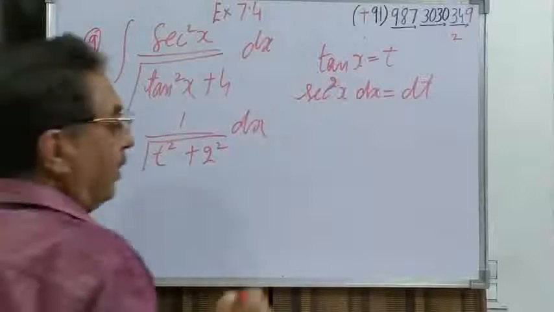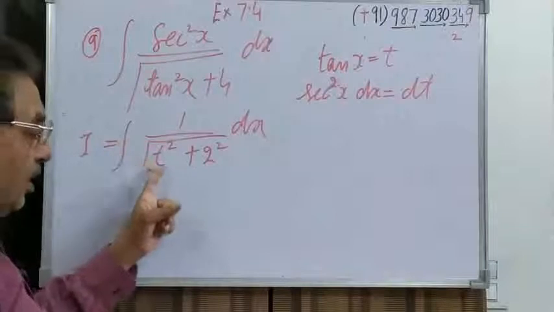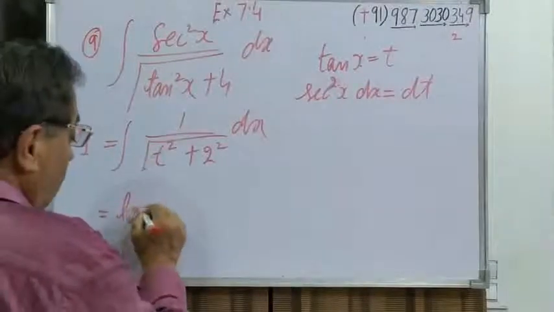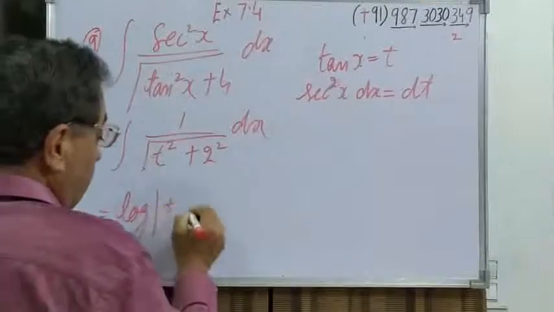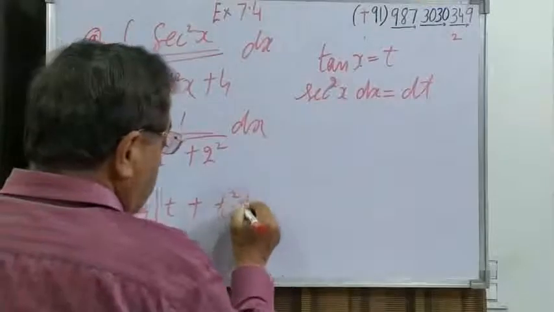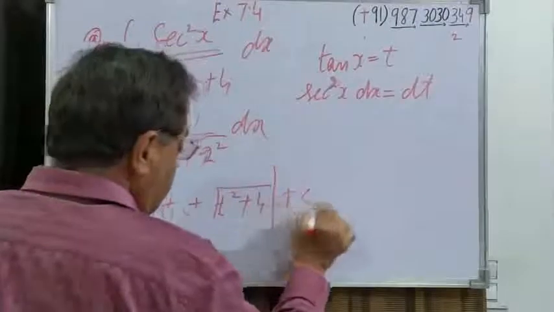Which formula is that? It is the integration of 1 upon under root of x square plus a square, which equals log of x plus under root of x square plus a square, plus c. Here that is log of t plus under root of t square plus 4, plus c.